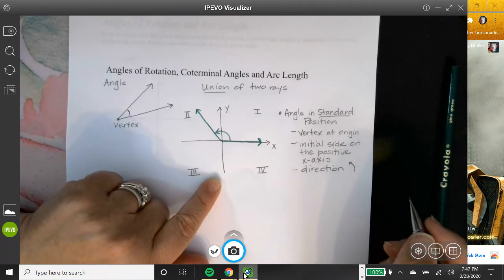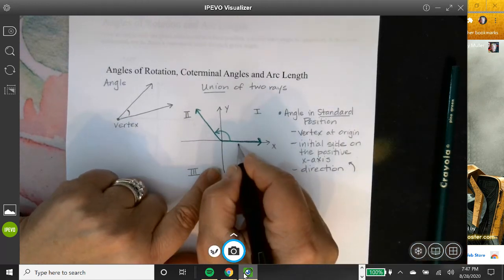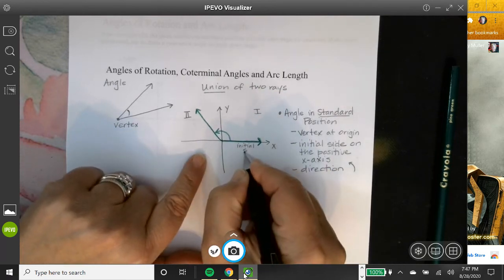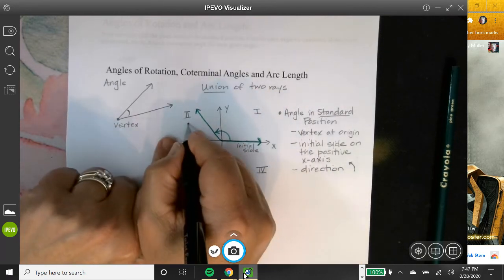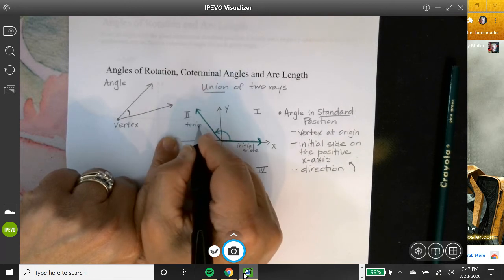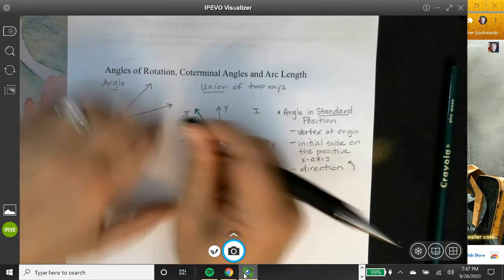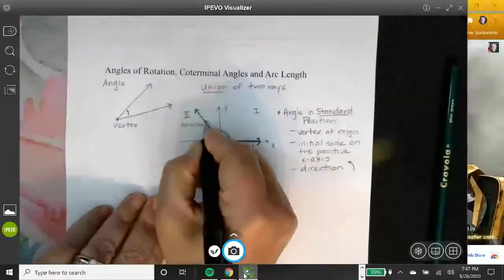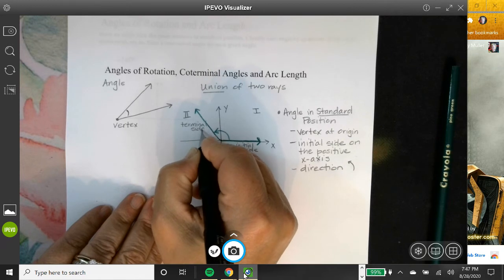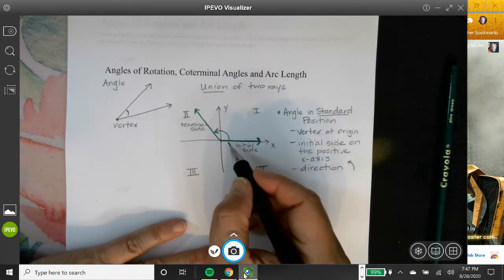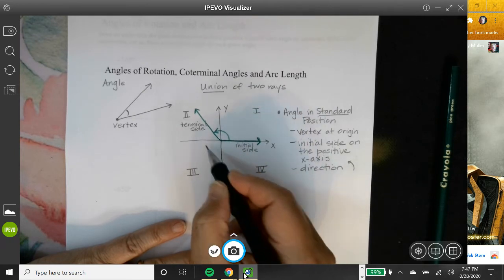Okay, now this right here we call the initial side, as I indicated. And this side is our terminal side, meaning that's where our angle stops. Okay, now I could have chosen to rotate my angle this direction, and that would have been a much different angle, okay?